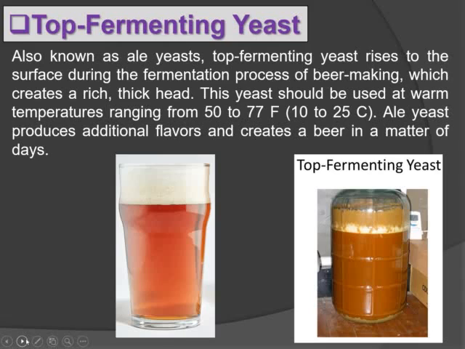Normally the yeast ferments on the top part of your beer, at about 50 to 70 degrees Fahrenheit, also known as 10 to 21 degrees Celsius. It adds additional flavor to your beer and affects the taste. These are heavily used in the beer industry.